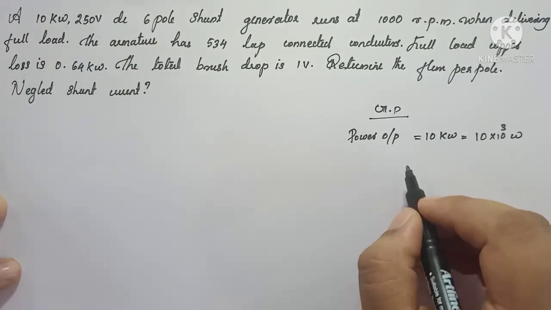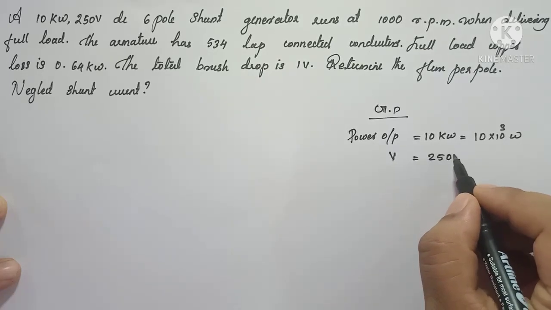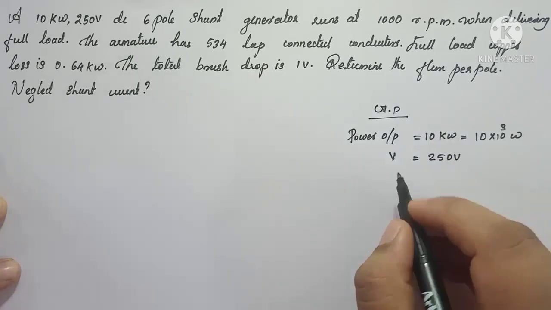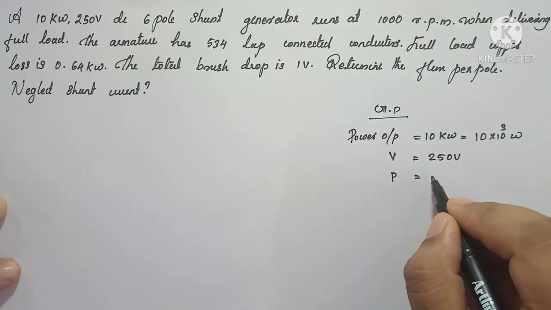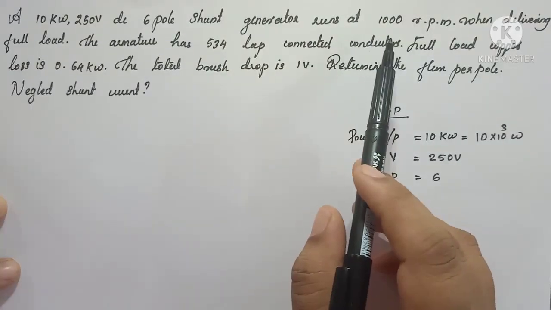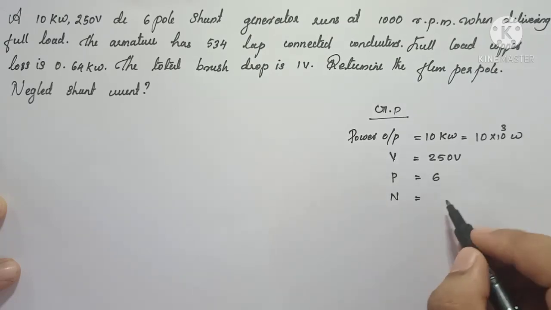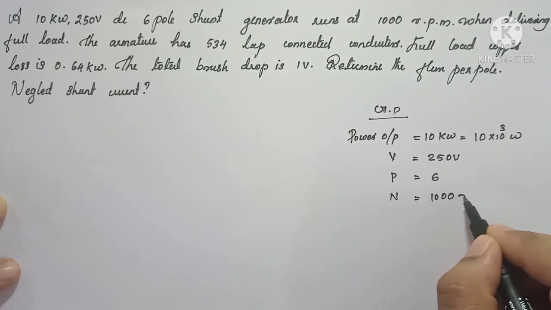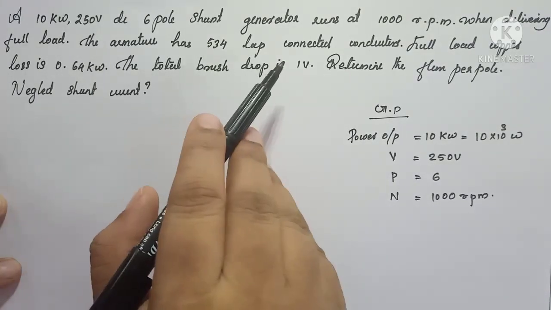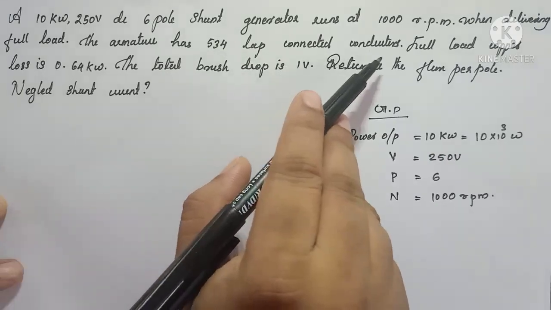And terminal voltage is 250 volt, and number of poles, that is 6 pole. So P is the number of poles, that is equal to 6. The shunt generator runs at 1000 rpm, so speed is 1000 rpm when delivering full load.